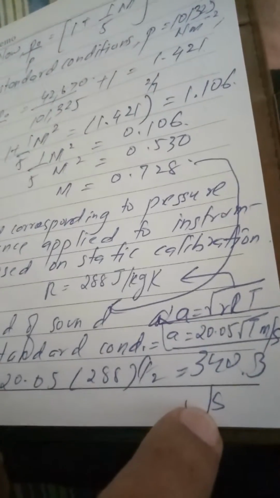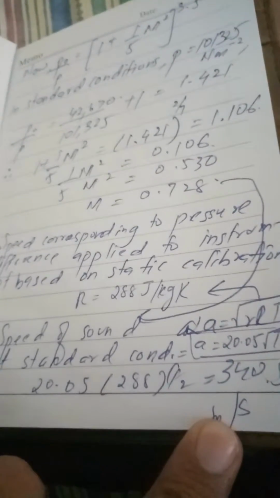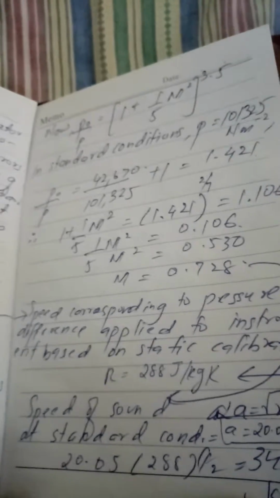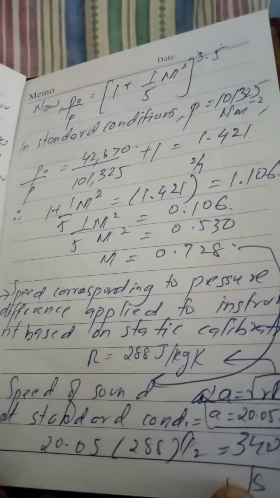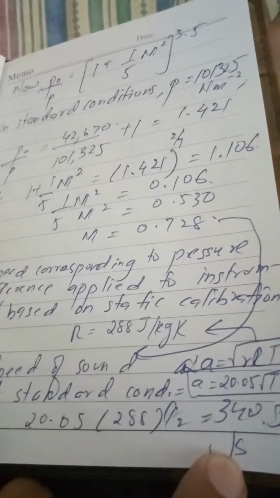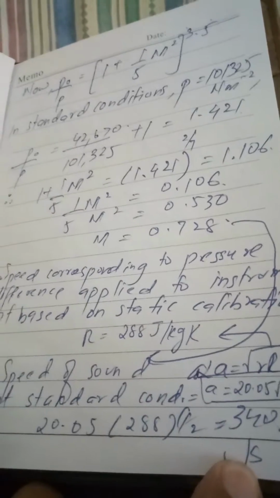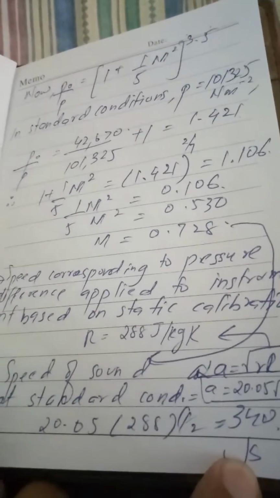So that is 340.3 meter per second. That is the value calculated. So this is how you calculate it, and 340.3 is the speed of sound value we have calculated.